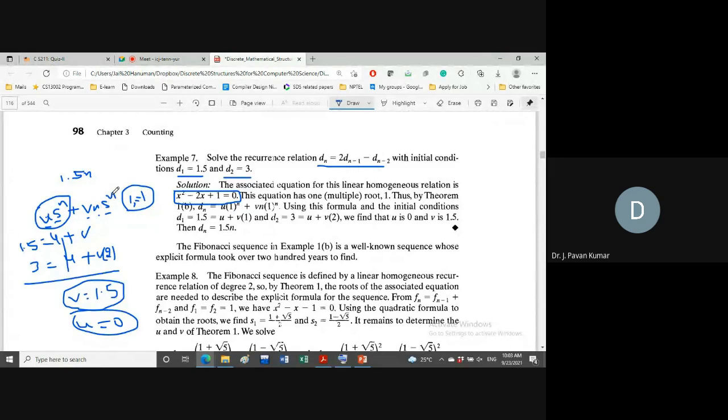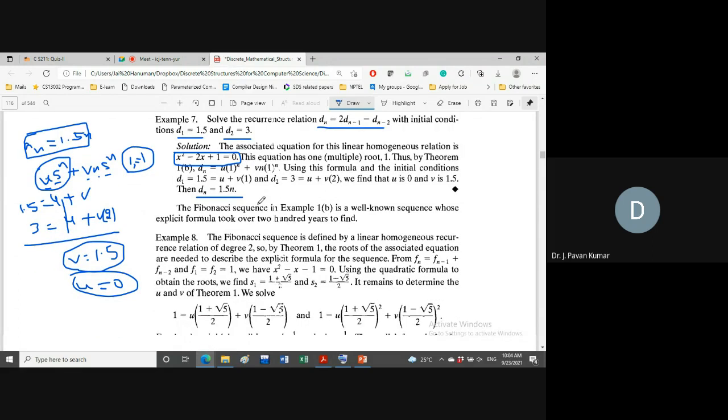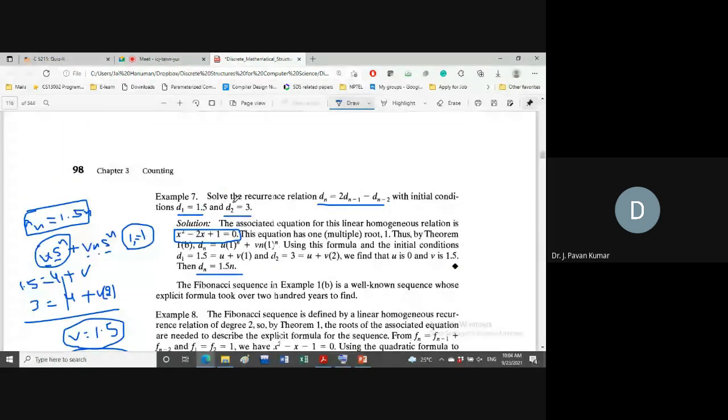Then s power n, that is 1 power n, becomes 1 only. So an is equal to 1.5 n. This is the explicit formula. Is it clear? Yes, sir. Like this, we can obtain the explicit formula for a recurrence relation.